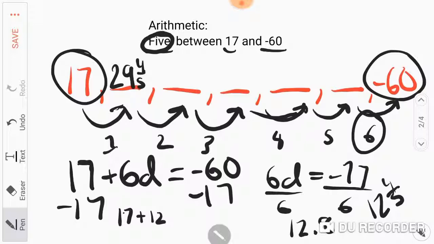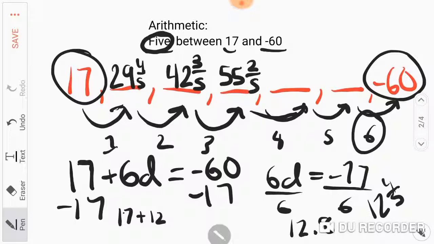So we're going to get 42 3/5 because we have to add 1 extra. So 42 3/5, and then we add 12 and we get 55 2/5, because we add 12 4/5.